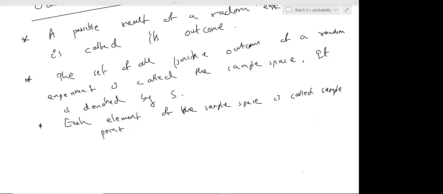All right, so if you toss a coin, the sample space will be heads and tails.